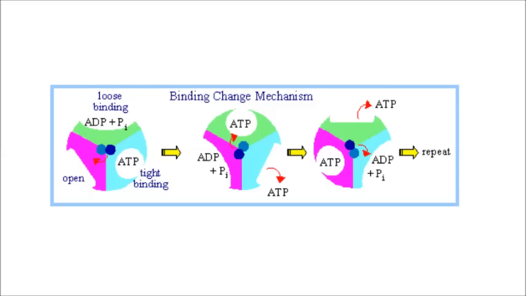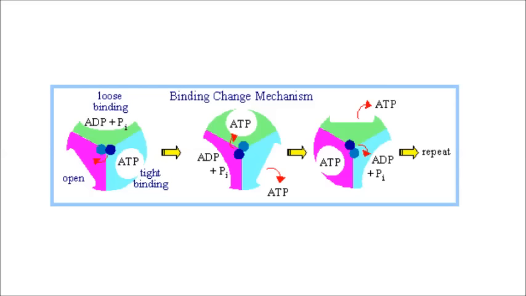The rotation of the F0 inside the F1, as represented in these two wee blue dots, causes conformational changes within the F1 part. ADP and inorganic phosphate loosely attach in one conformation.